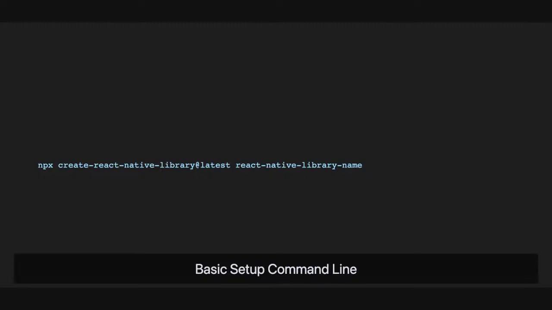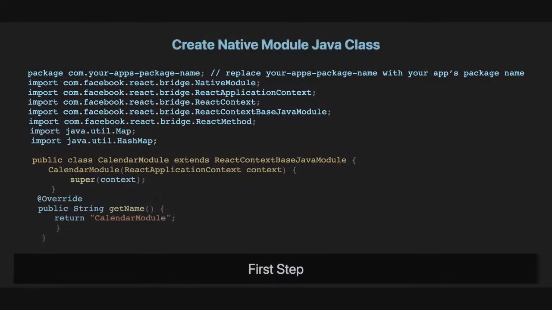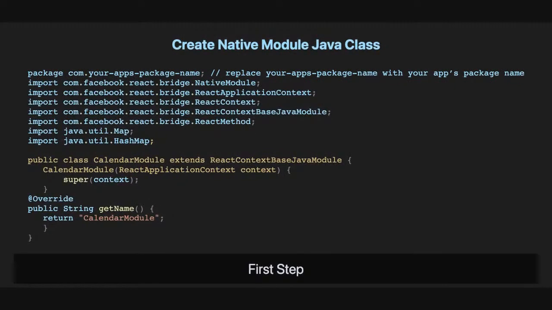This will create the necessary folder structure for us, for example src and other folders required for the Android library, and the files, even the packages, and other files. And there is the Java class where exactly the native module is exposed to React Native.